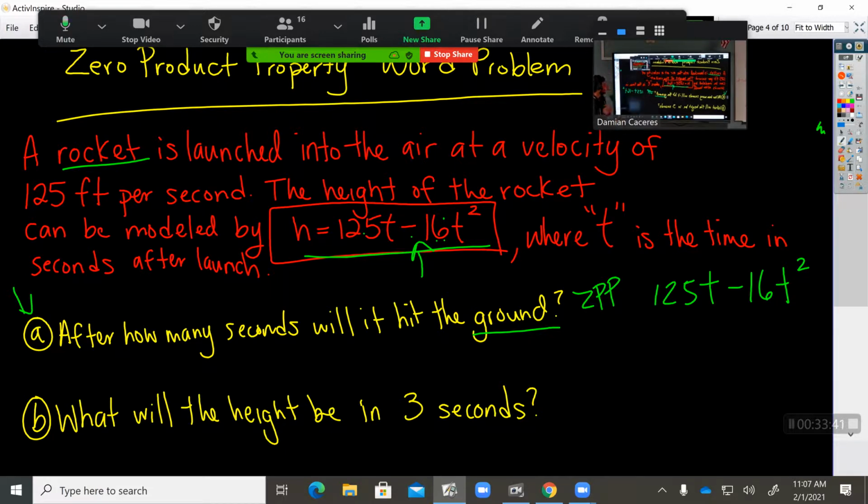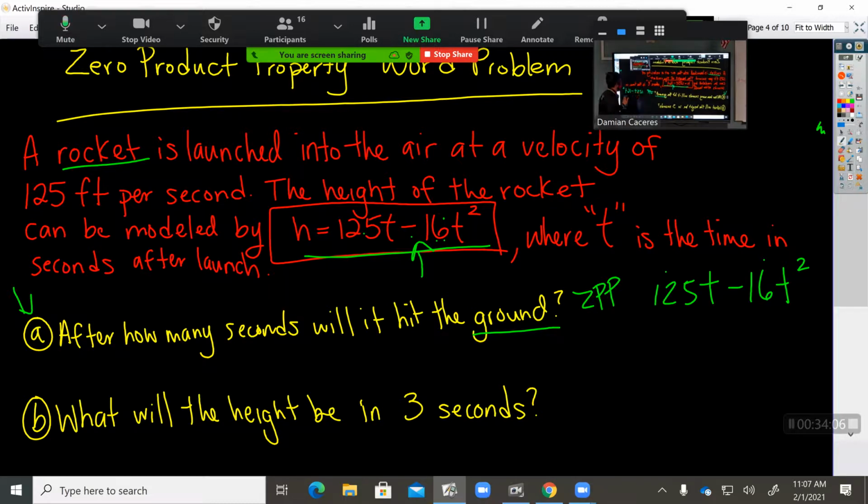So watch. 125t minus 16t squared. If you try to get a common factor between 125 and 16, you can't find it. No factors from 125 go into 16. No factors from 16 go into 125. You with me? So what if the numbers don't have anything in common? What's the only thing I can take out of here?